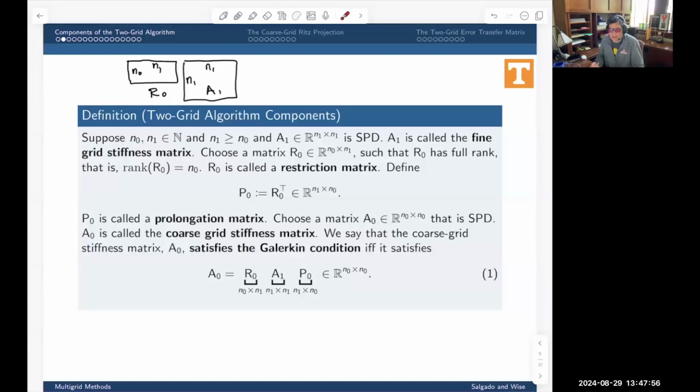We could call it a cat or a dog or an elephant. It doesn't matter. Mathematicians, you're free to do whatever you want. You can make any definition you want as long as it's useful. We're going to define something called the prolongation matrix. And the prolongation matrix is just the transpose of the restriction matrix. It's always related in this fashion, at least in this course it's going to be.